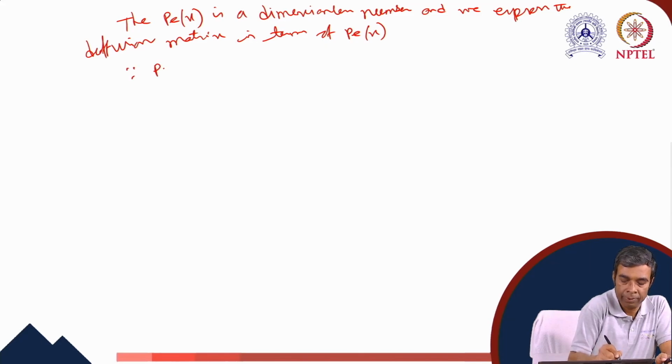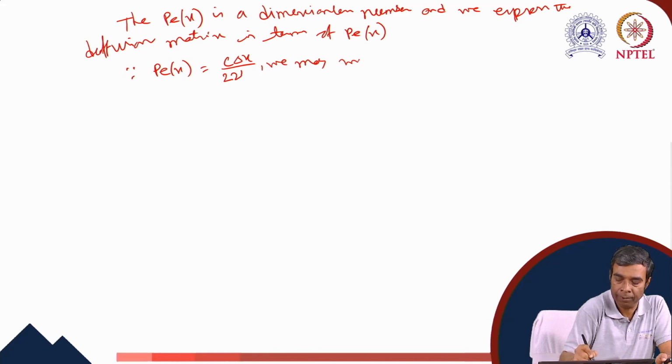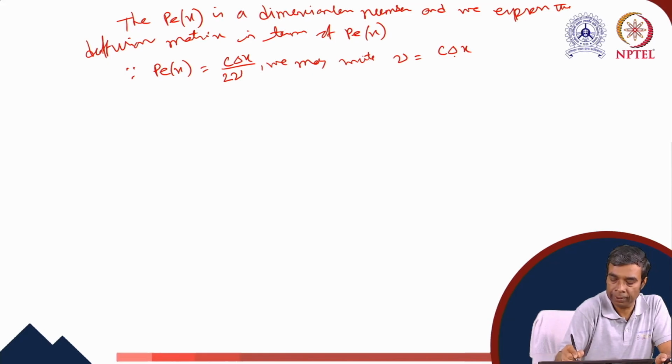Since Pex equals C delta x by 2 nu, we may write nu equals C delta x by 2 into Pex.